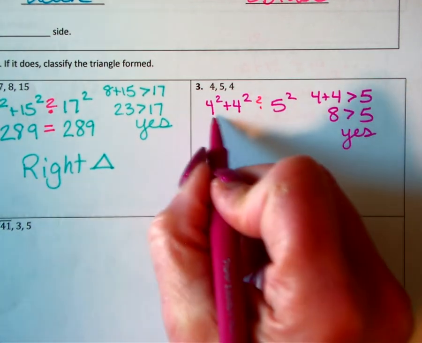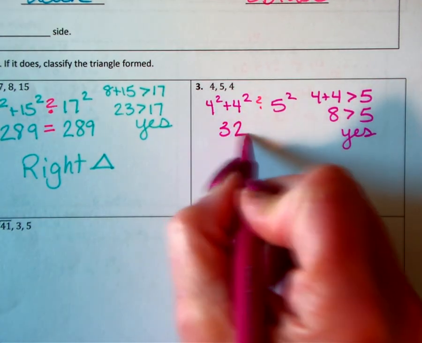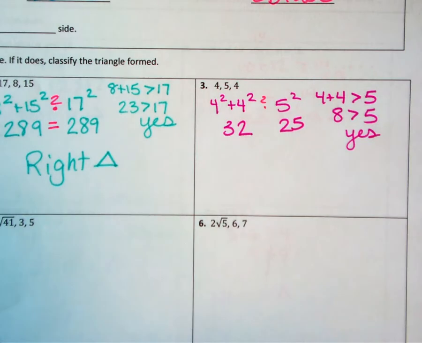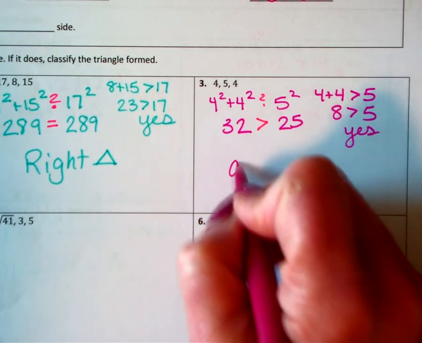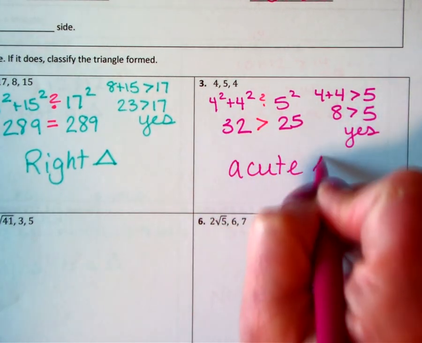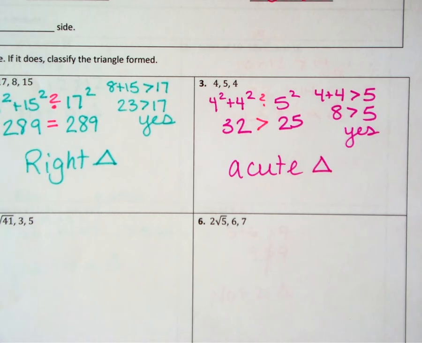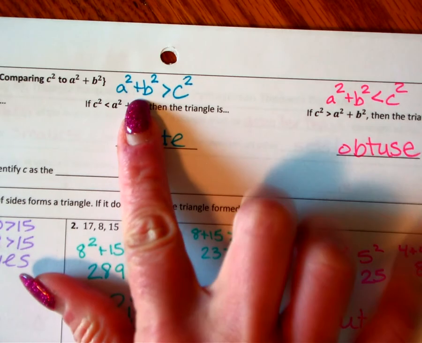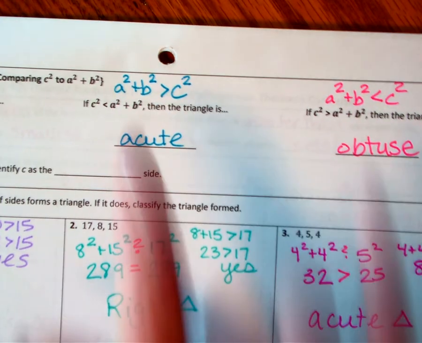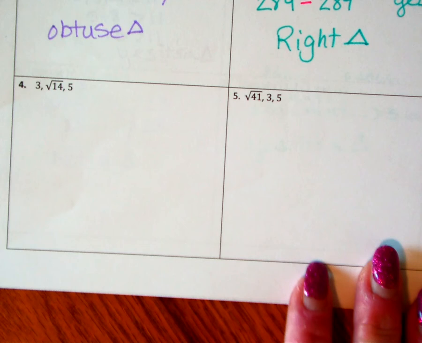So 16 plus 16 is 32. To 25, it is greater than. So if it's greater than, I have an acute triangle. Okay, and again, this is the way I'm doing it. If you do it the other way, totally fine. You do it your way, whichever way works best.